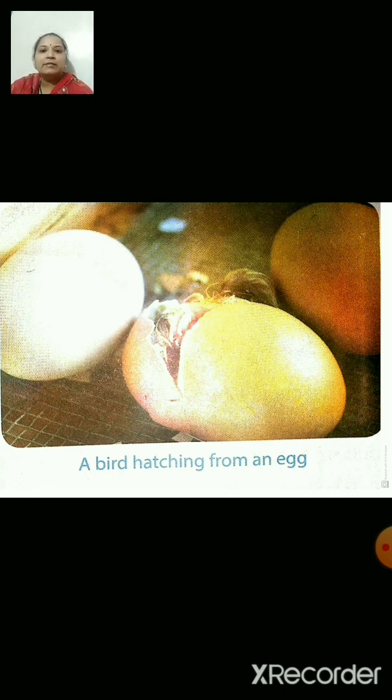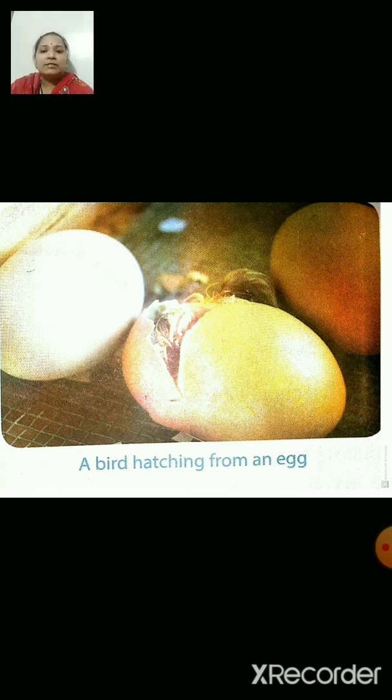This is called incubation. The days or weeks for which the eggs are to be incubated vary from one bird to another. Now the bird starts growing inside the eggs.